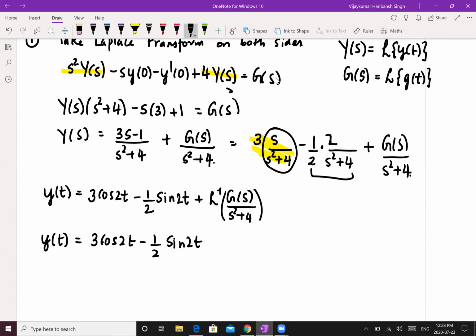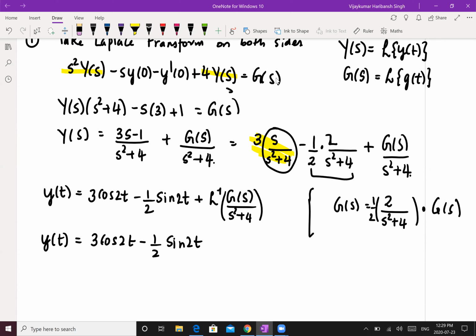Now this part, the Laplace inverse of g of s upon s square plus 4, can be seen as half times 2 upon s square plus 4 times g of s.